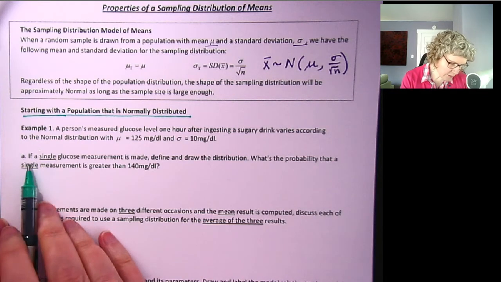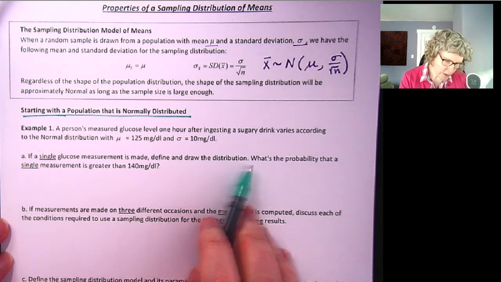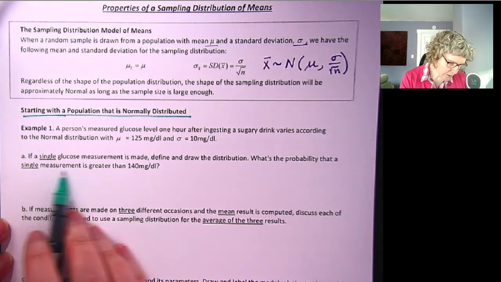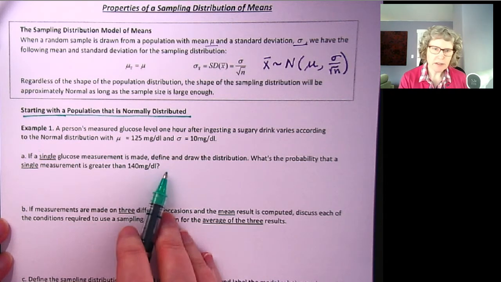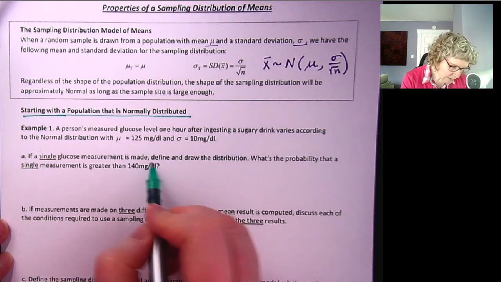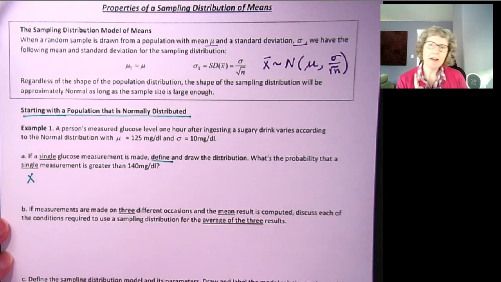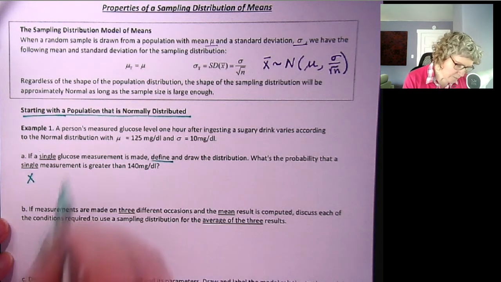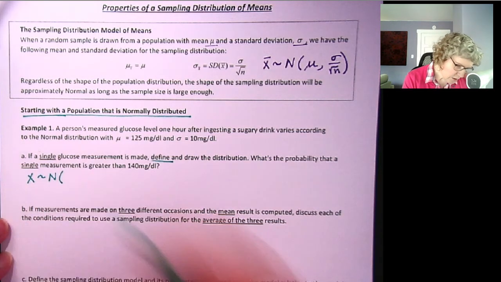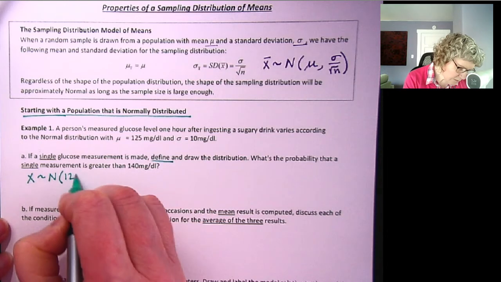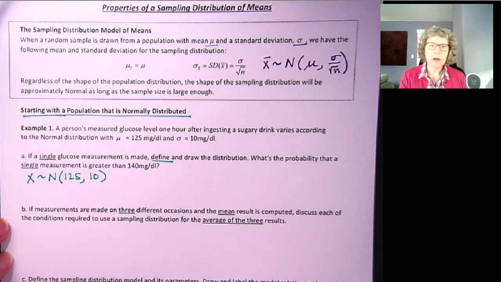Okay, so if a single glucose measurement is made, define and draw the distribution. What's the probability that a single measurement is greater than 140 milligrams per deciliter? Define means writing out: this is x because I'm not averaging, this is a single measurement, so x is distributed as normal with a mean of 125 and a sigma of 10 milligrams per deciliter.